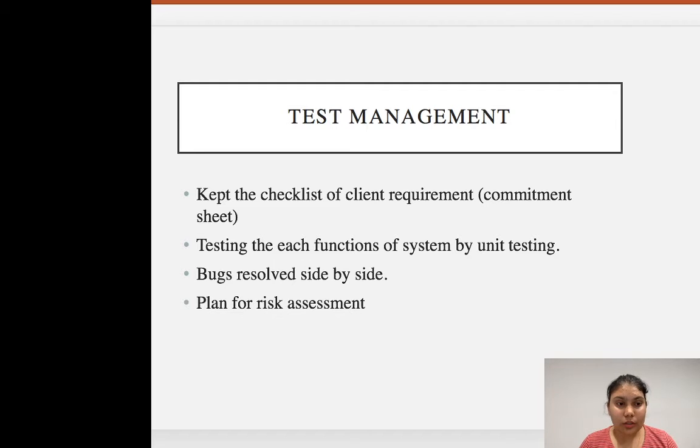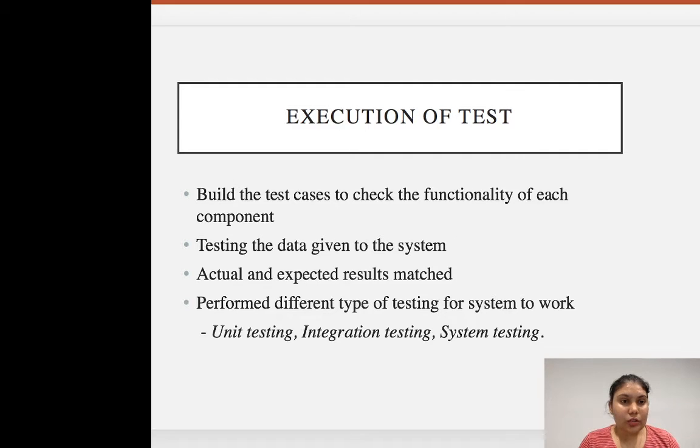After resolving those bugs and risks, we check whether the behavior of the software has changed or not, so we need to manage the test cases. To execute a test, we build test cases to check the functionality of each and every component, and we need to test whether the data is valid or not. We test the data as per the system, and check whether the actual and the expected result matched or not.